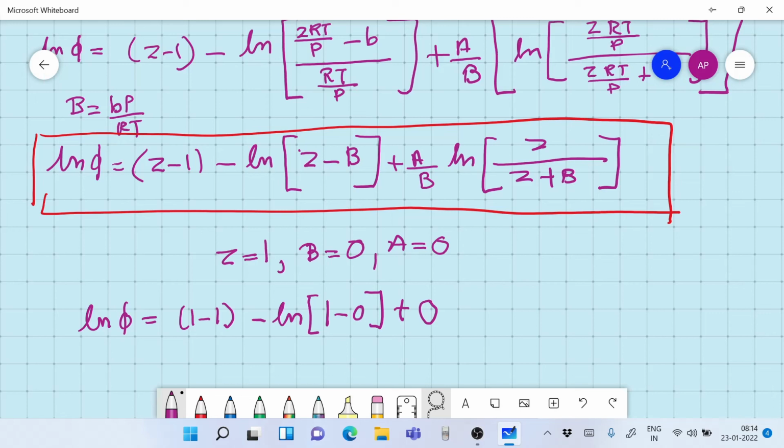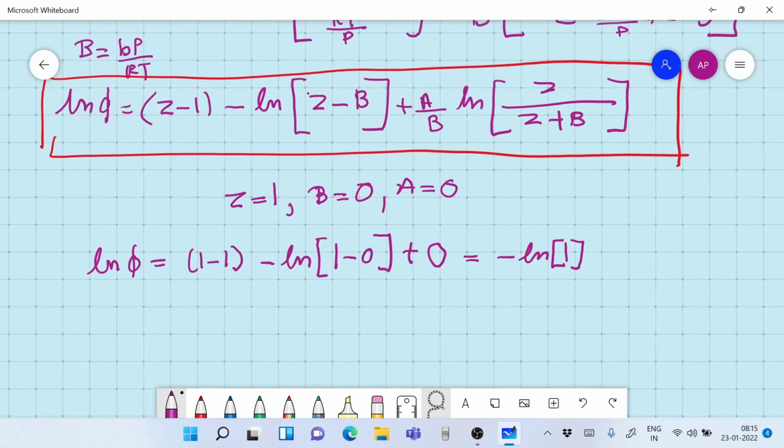And what do we get finally here? We get minus ln of 1. So this is 0, this is 0, and this is minus ln of 1. Now this is going to be equal to 0, right?